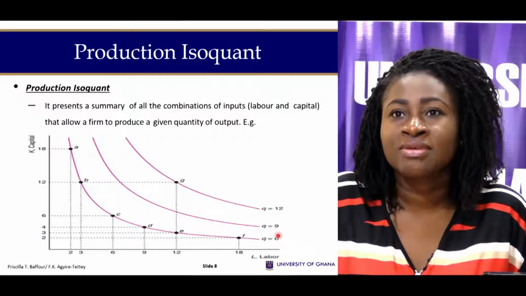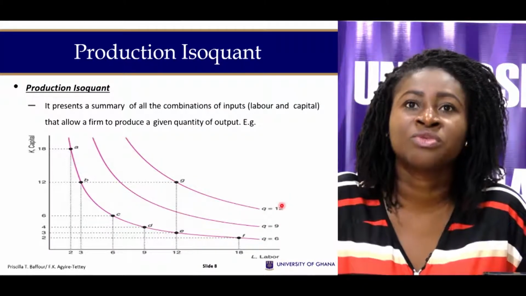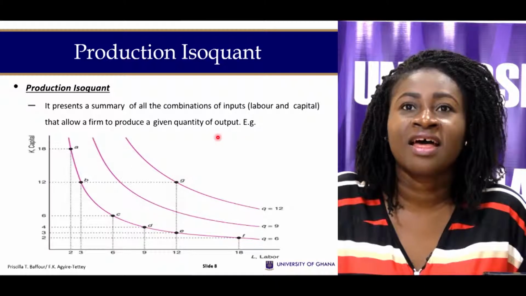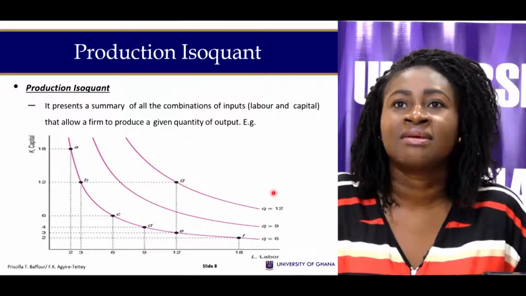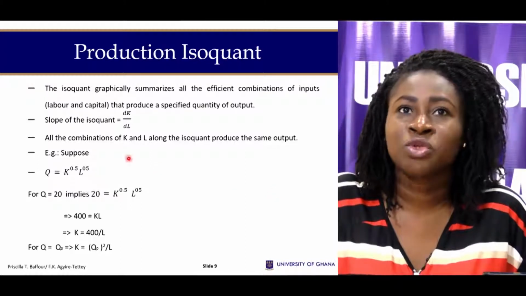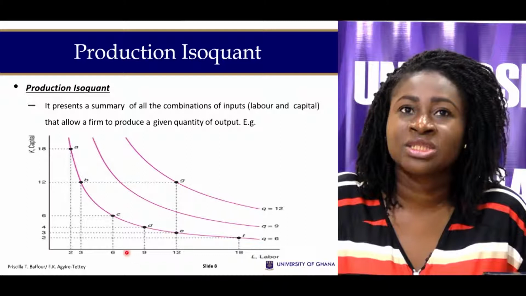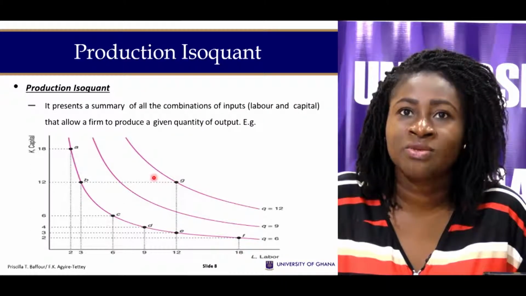So here Q6 is produced, Q9 is produced, and Q12 is produced. So the farther away from the origin an isoquant is, the greater the quantity that is produced. In terms of the slope of the isoquant, it is a change in capital over a change in labor, right? The rise over the run.